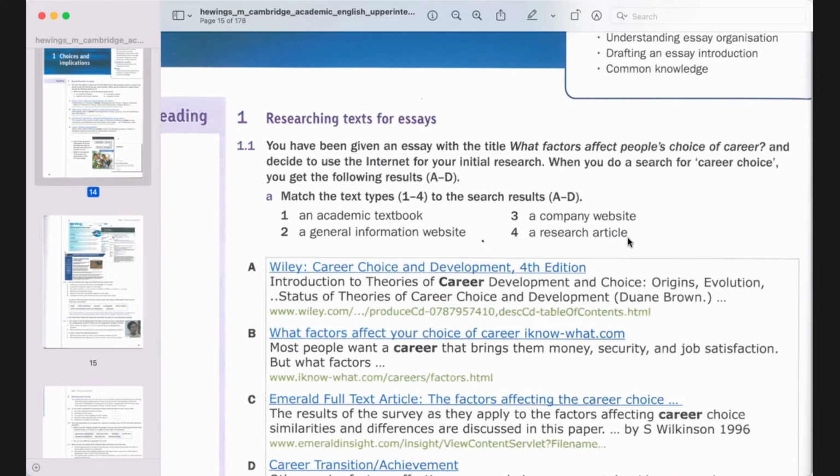So what is given in an academic textbook? What kind of information? Any suggestions? So textbook, academic textbook, as a textbook in Ukrainian, yes?